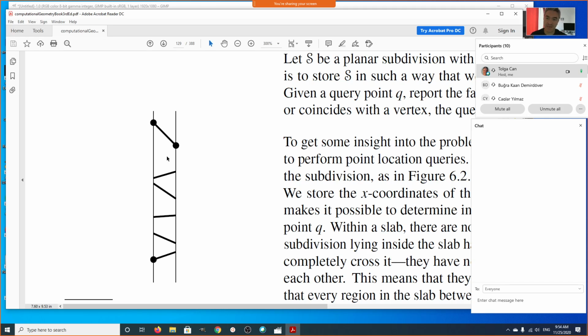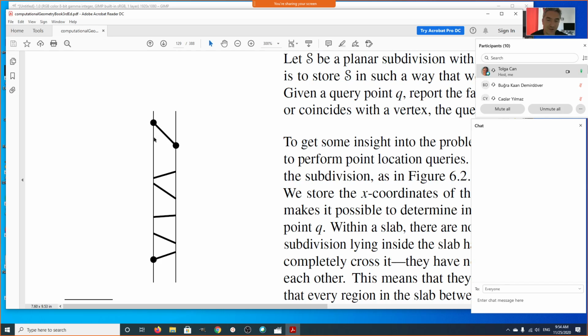Okay, so there will be no vertices inside the slab, and therefore, since it's a planar subdivision, edges do not intersect each other. If edges intersect each other, we would have a vertex there. We would indicate that intersection point between the edges as another vertex and divide them into half edges as well.